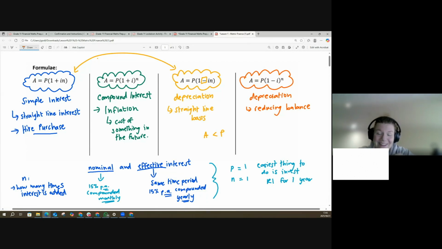Question, which is maybe a PTSD question after the question we did on Tuesday, but which one of those formulas will never allow us to get to zero? So what won't ever let our item reach a value of 0? Good. In a reducing balance situation, the item can never reach 0.